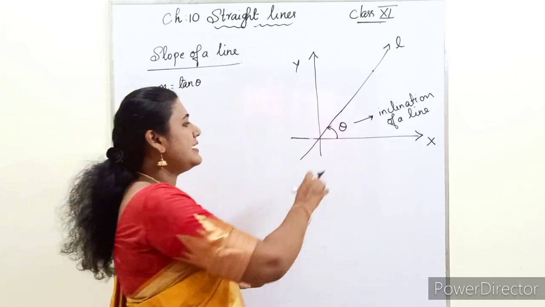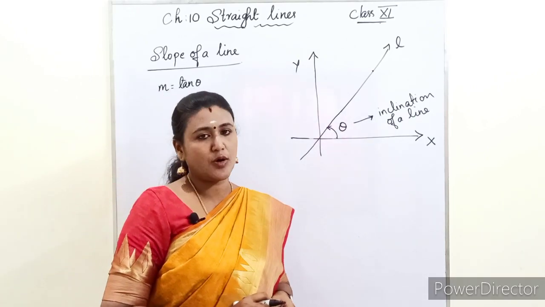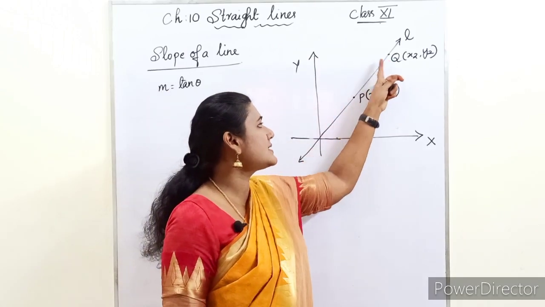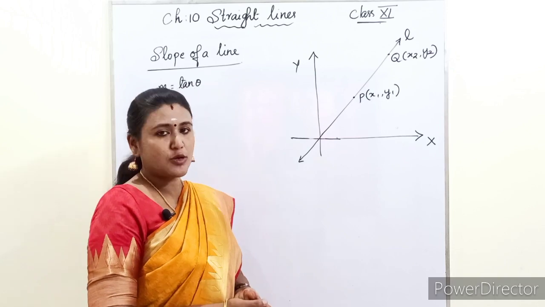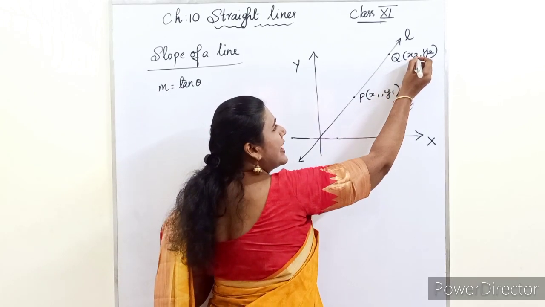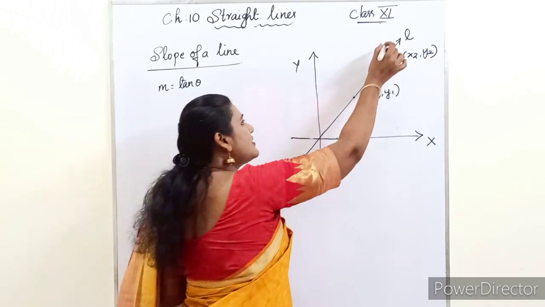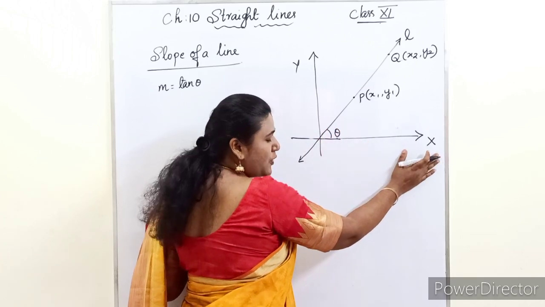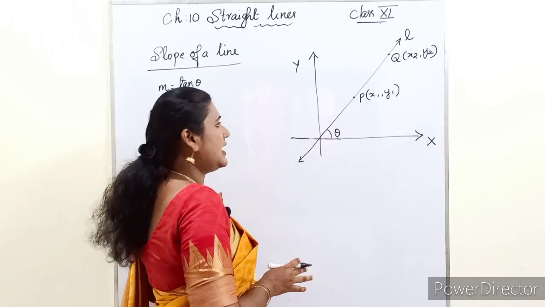So if the inclination theta is not given, then how to find the slope? We'll see now. Suppose if 2 points on the line L are given, then how to find the slope? We'll see now. So P(x1, y1) and Q(x2, y2) are 2 points on the line L. So if this line makes an angle theta with the positive direction of x-axis, let us take this angle as theta.